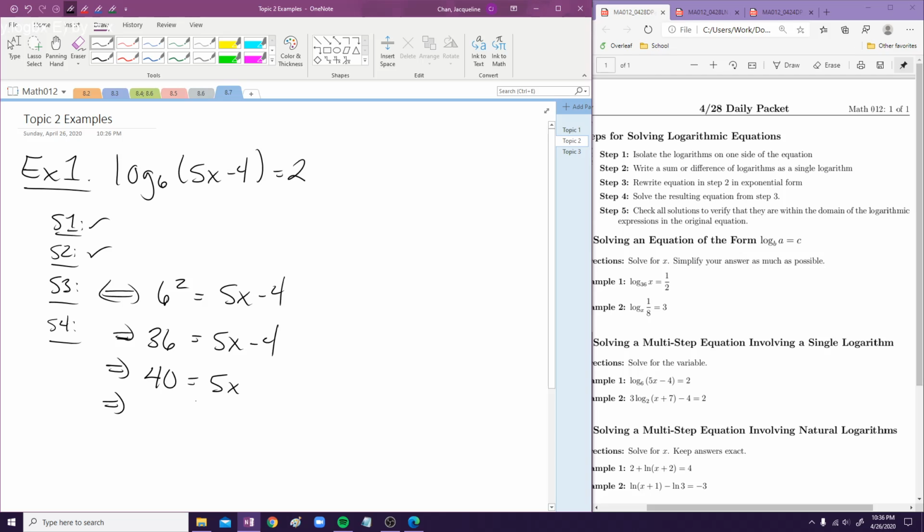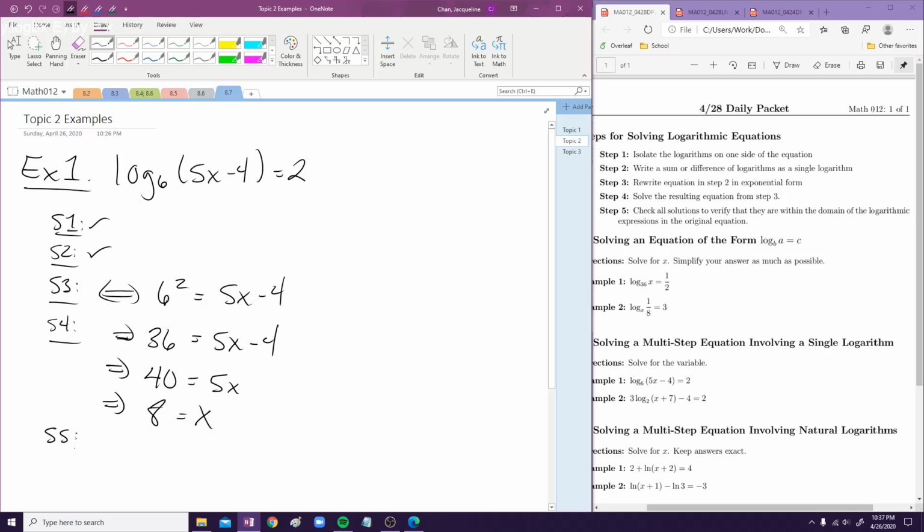So if I divide by 5, I get 8 is equal to x. So we get 8 equals x, and we have one more step: we want to check all the solutions to verify that they are within the domain of the logarithmic expression in our original equation. So what are we going to do?